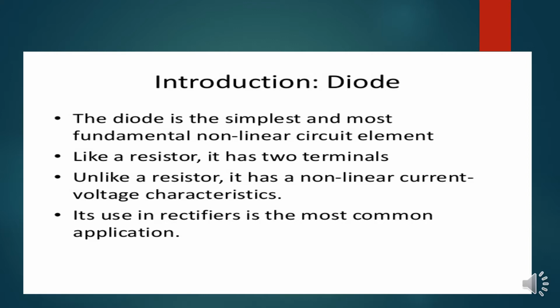It is called a PN junction diode because it consists of a junction between the two layers, that is P type and N type semiconductor bars. Unlike a resistor, it has a non-linear current voltage characteristic. Its most common application is in rectifiers.